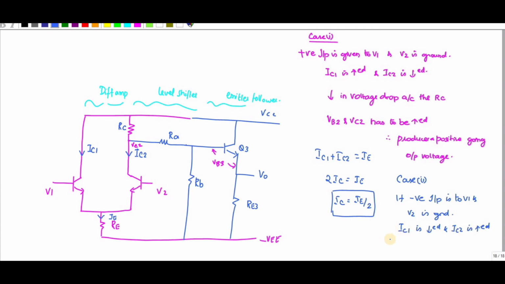This will increase the voltage drop across the RC resistance, so this will reduce VB3 and VC2 decreases.